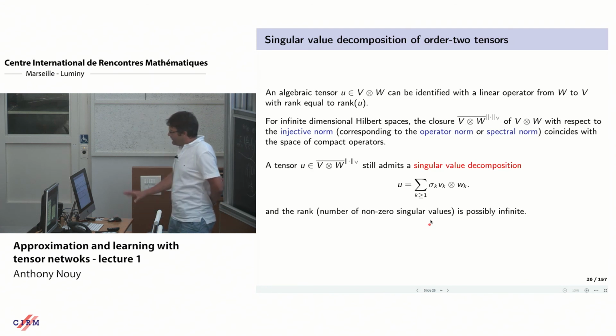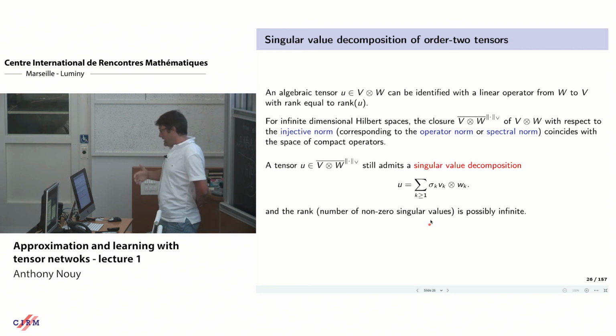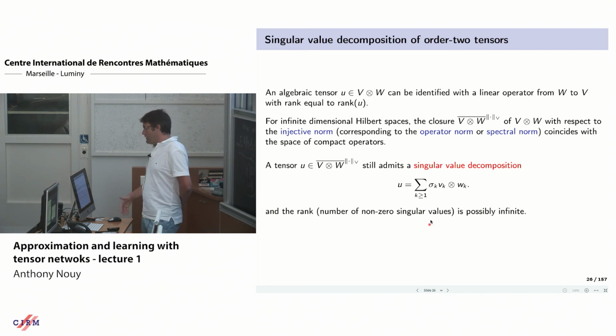Okay, now a short comment: singular value decomposition can be extended to the infinite dimensional setting for Hilbert tensor spaces. If you consider the completion of a tensor product of two spaces V and W with respect to a particular norm called the injective norm, in fact, if you see your tensor as a map from a Hilbert space V to W, this injective norm is related to the spectral norm or operator norm.